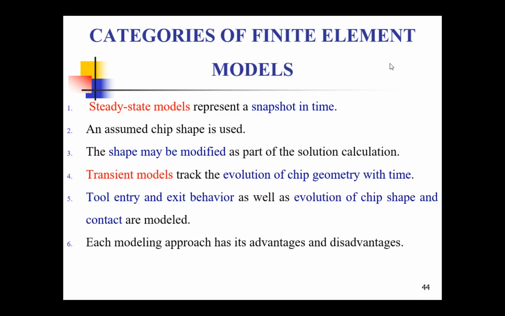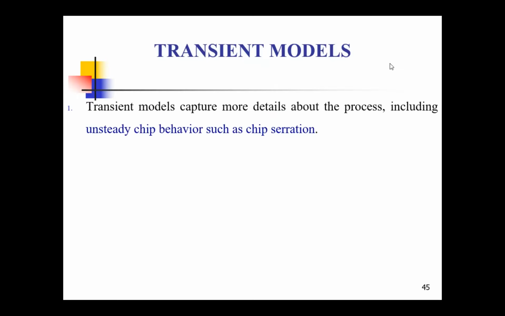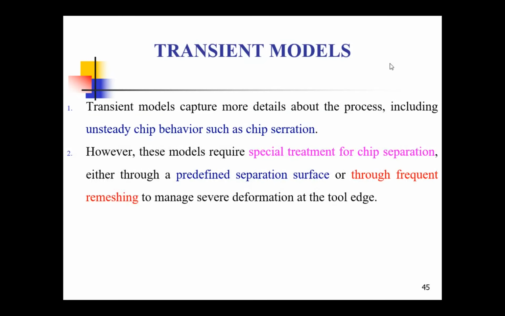So each and every model, the steady state as well as the transient models, has its own advantages as well as disadvantages. The transient models include the steady state chip behavior, because the chip will be removed from the workpiece, then it comes in contact with the tool, there will be friction, then it tends to curl out. So the unsteady chip behavior is found.